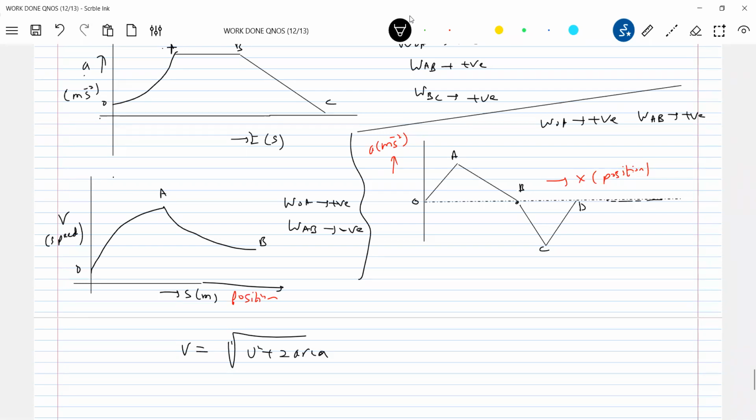Can you remember this formula? So altogether, the root of the area will be proportional to the speed here.